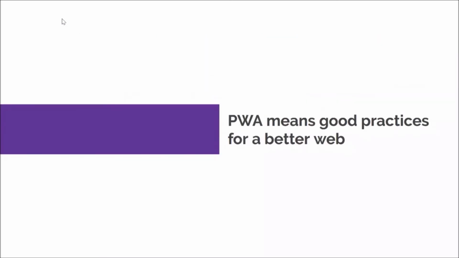Alrighty, so my final message, right? Even though there's still a lot of open questions around progressive web apps, like what's going to happen, is it going to be in the store, are we going to be able to monetize our apps, etc. This is my personal opinion.